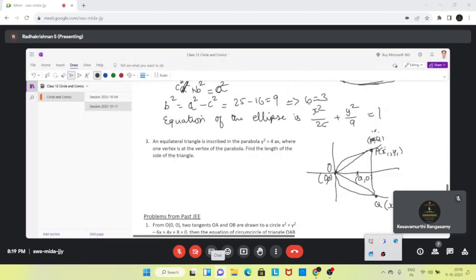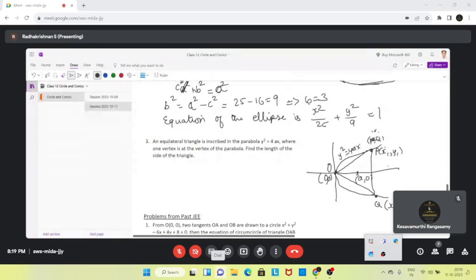Okay. So I'll tell you. So let us say this is x1, and so what will be y1? Because this equation is given as y square equal to 4ax, no? So we can even do it using t.